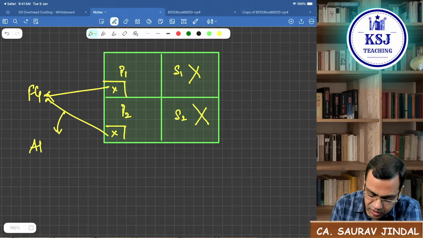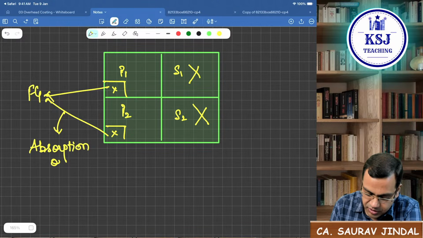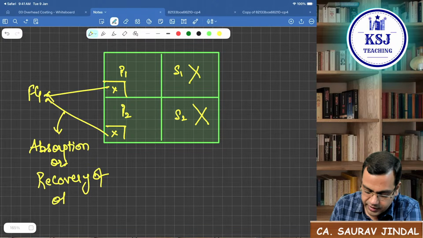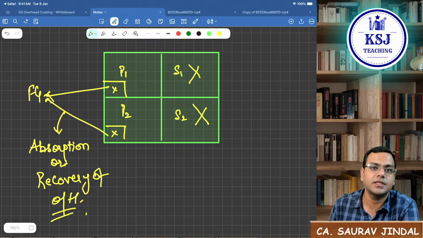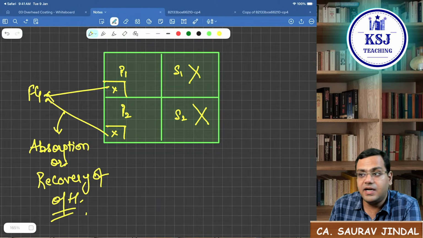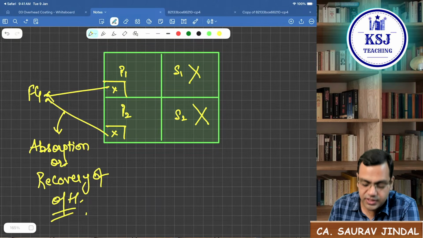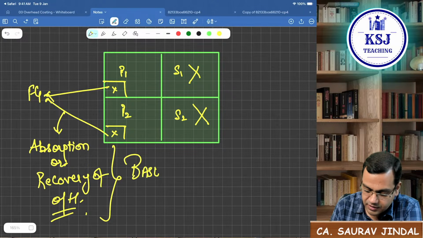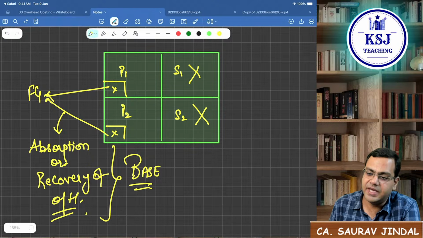This is what we call absorption or recovery of overheads. Now, to make it identifiable with the finished goods, we need a certain base.